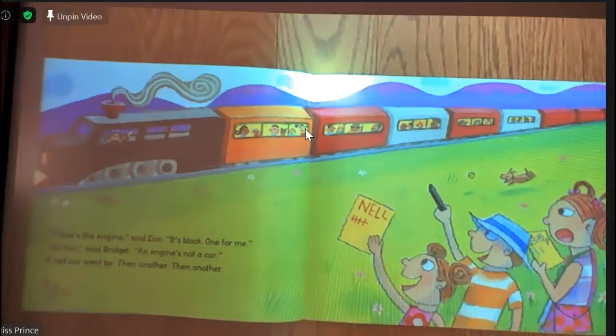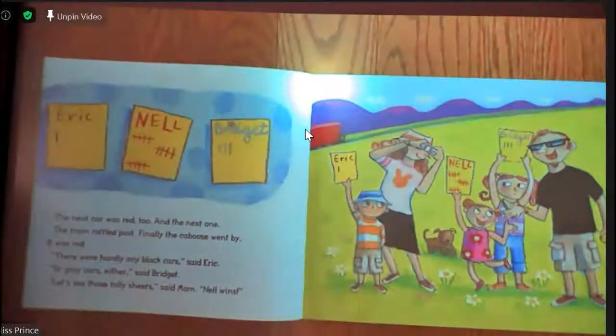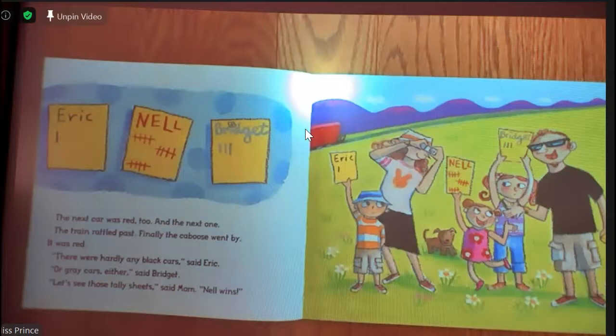A red car went by, then another, then another. The next car was red too, and the next one. The train rattled past. Finally, the caboose went by. It was red. There were hardly any black cars, said Eric. Or gray cars either, said Bridget. Let's see those tally sheets, said Mom.